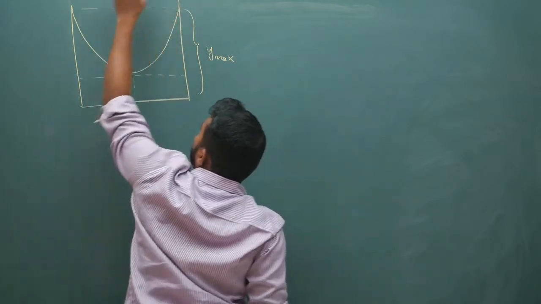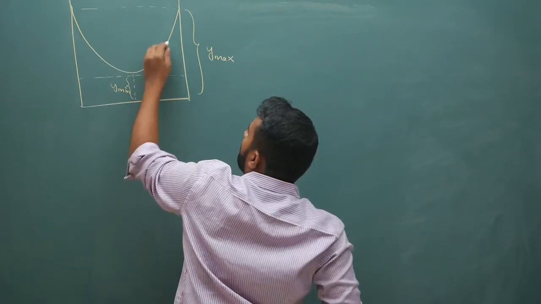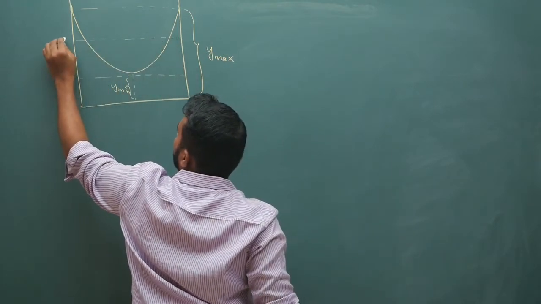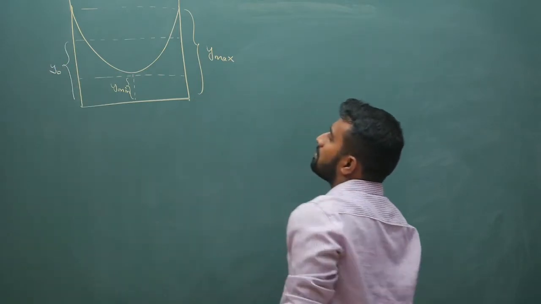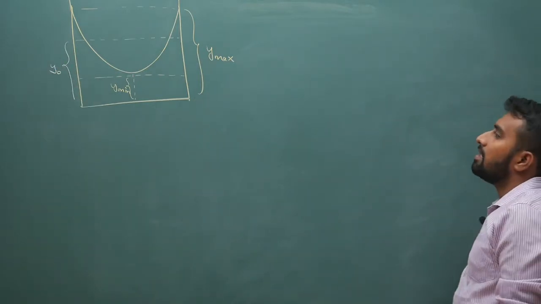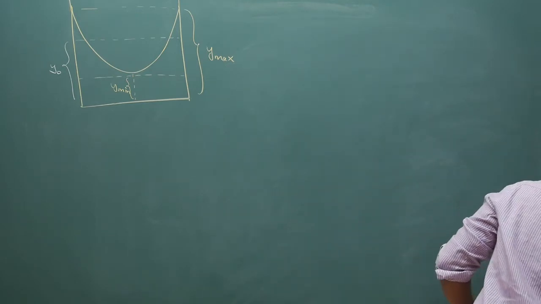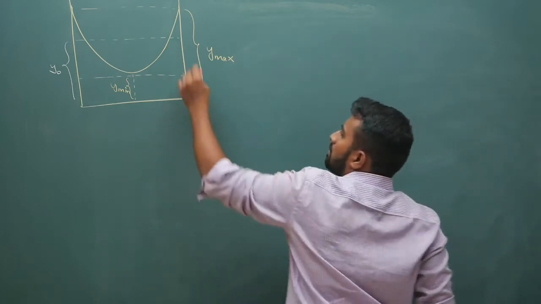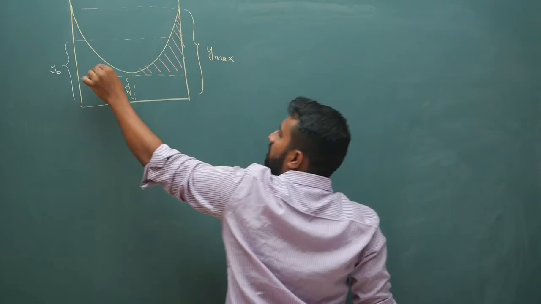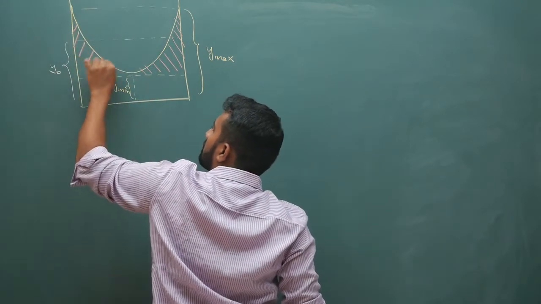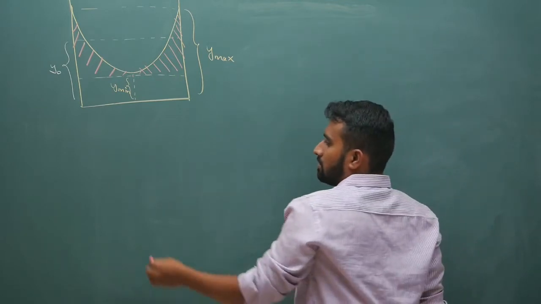Container is much bigger. You have the original height of the liquid. And we have seen that this shaded portion's volume, this volume is what I am talking of. What is it that we got just now?